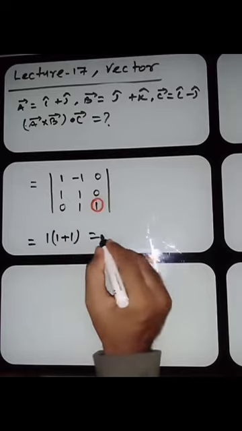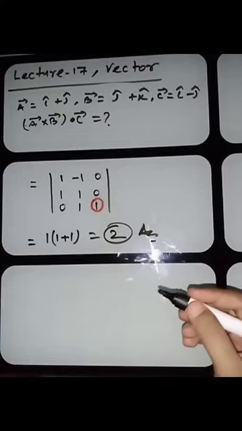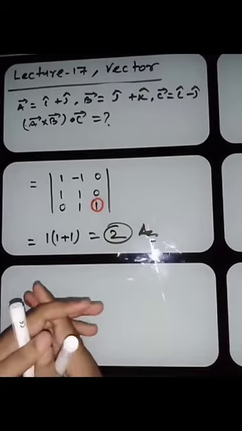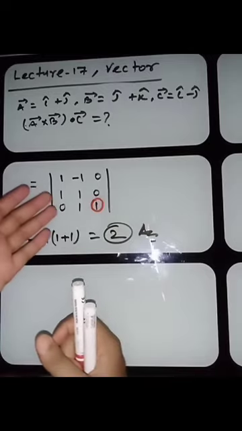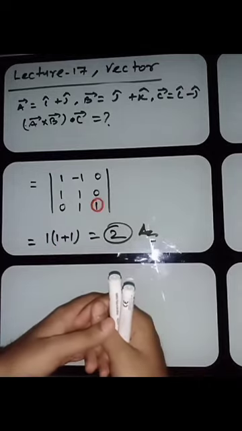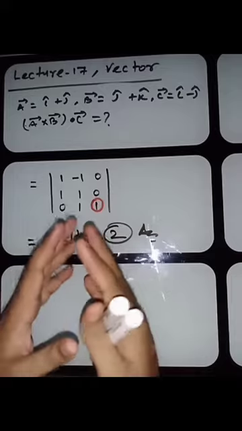So 2 times 1, it is 2. So we are having the answer 2. Okay, my dear students? Yes. So this is the scalar triple product. This particular thing we'll use when we study how to find the volume of a parallelepiped. But today we are going to conclude this class.